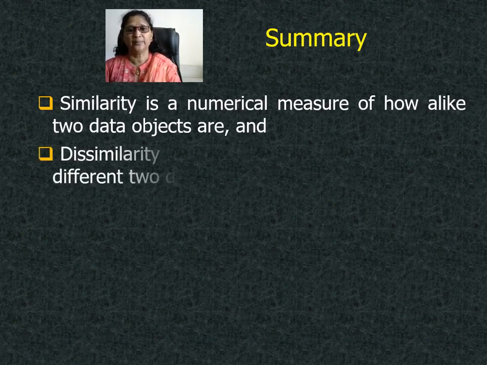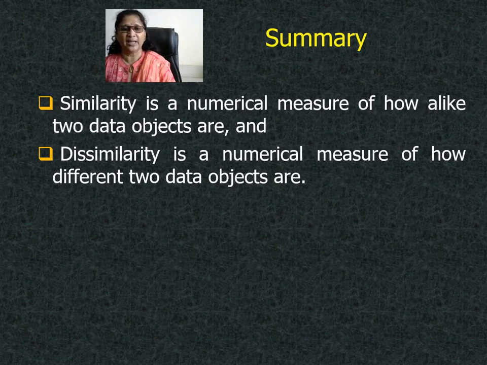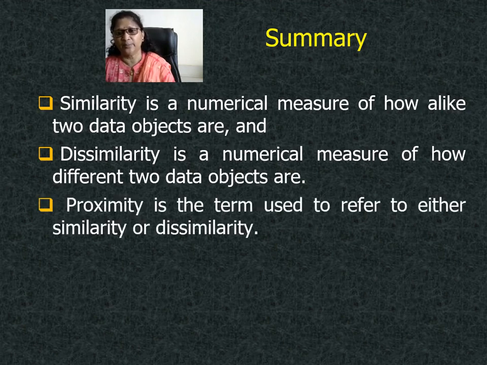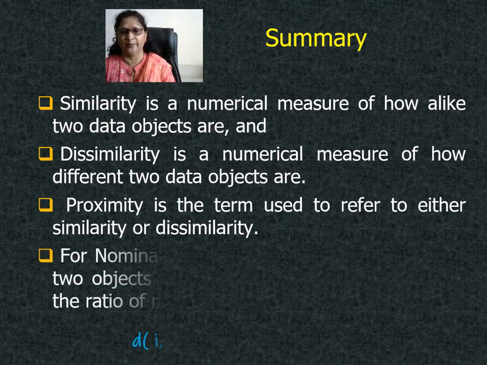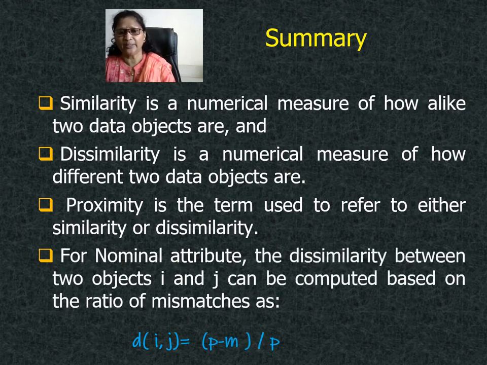If we summarize the points which we learned, similarity is a numerical measure of how alike two objects are. Dissimilarity is a numerical measure of how different two objects are. And we learned the similarity measure for nominal attributes in this video. And proximity is the common term which represents either similarity or dissimilarity.